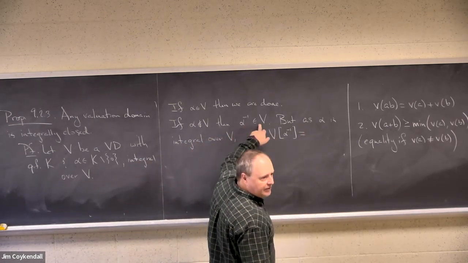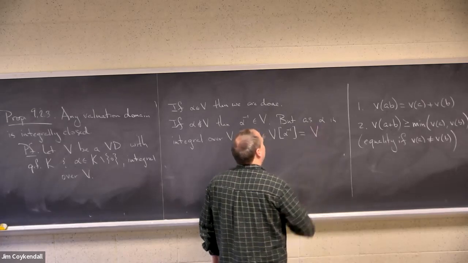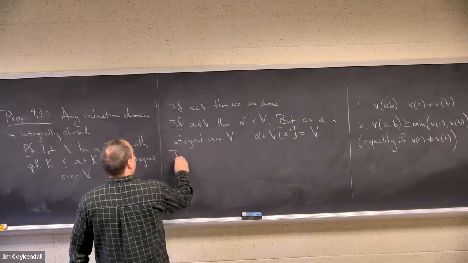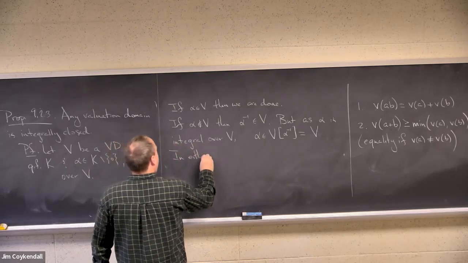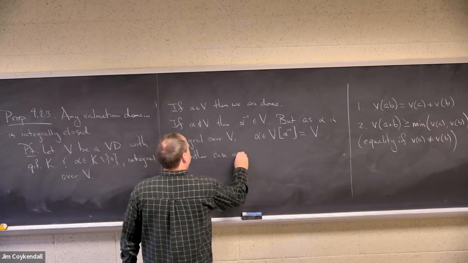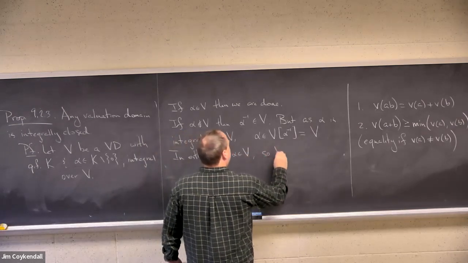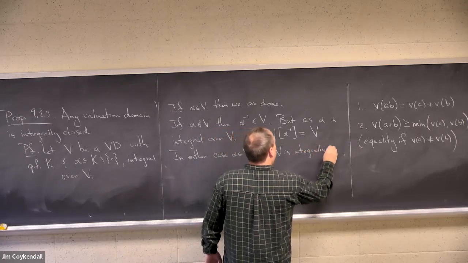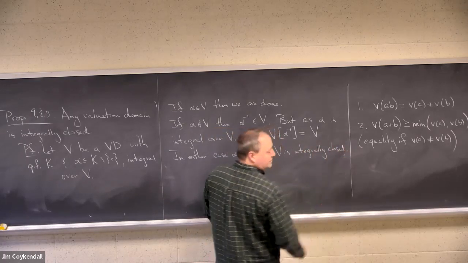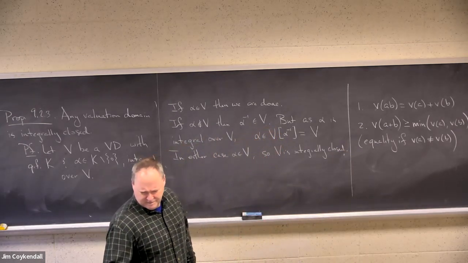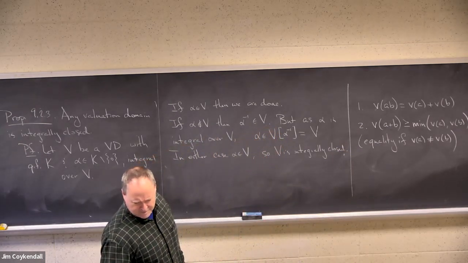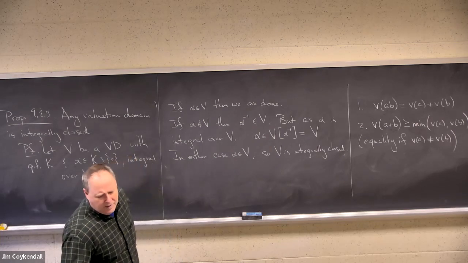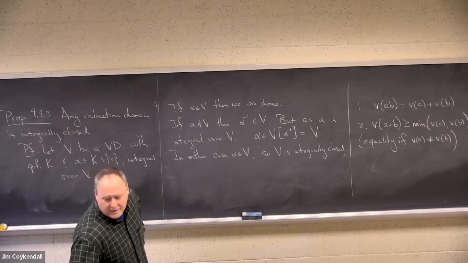But alpha inverse is in V, so V adjoining alpha inverse is V. So in either case, alpha is in V. Okay. Any questions?